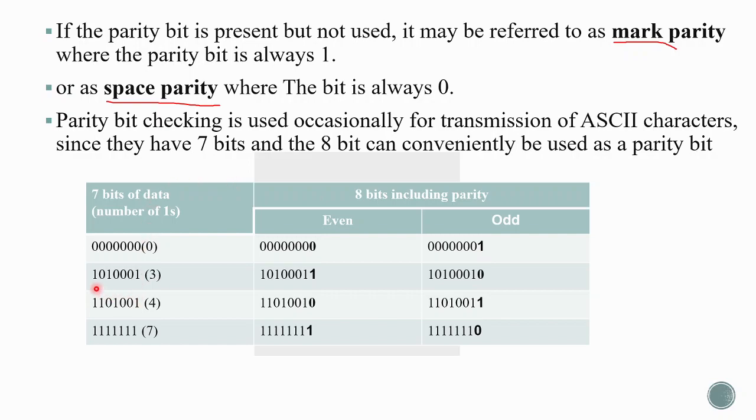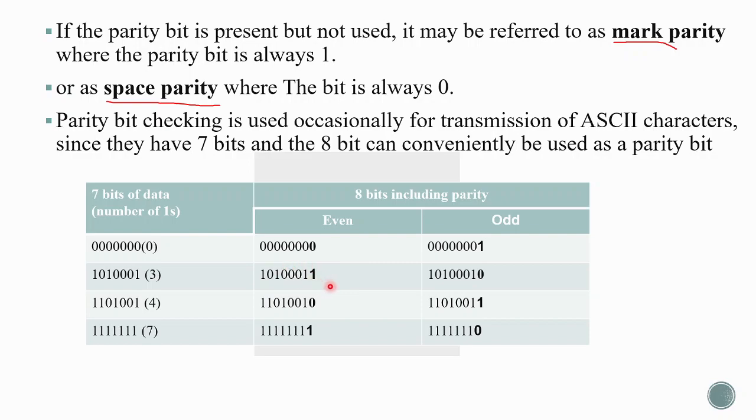Consider the next example, 1010001. The number of ones is 1, 2, 3. The number of ones is 3. For even parity, we have to make the total number of ones including the parity bit even. So we will add a 1 in place of the parity bit, right? The total number of ones becomes 1, 2, 3, 4, an even number.